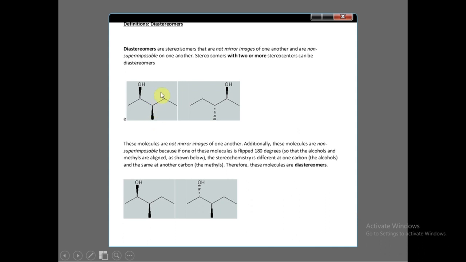The H is at the back. Then in molecule B, OH is bonded with a wedge, and the CH3 is dash, on the other side.